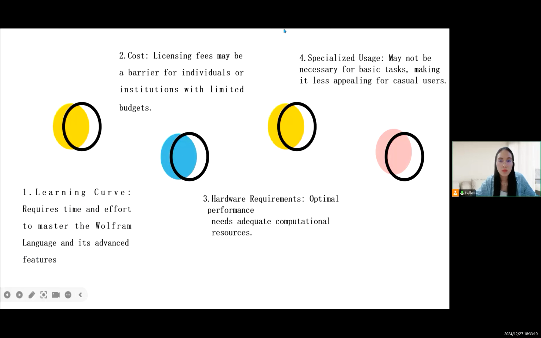And secondly, cost. License fees may be a barrier for individuals or institutions with limited budgets. Free or lower cost alternatives like Python with libraries like NumPy, SciPy, and others are often chosen by users who prioritize the budget over mathematical unique capabilities.